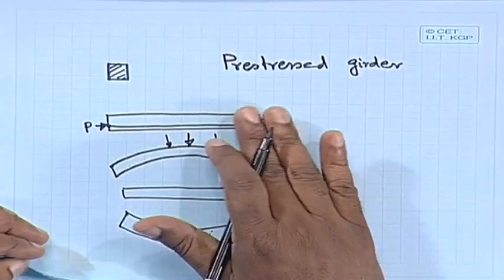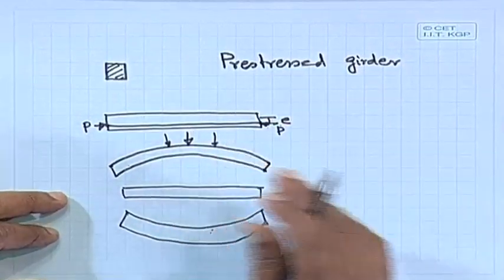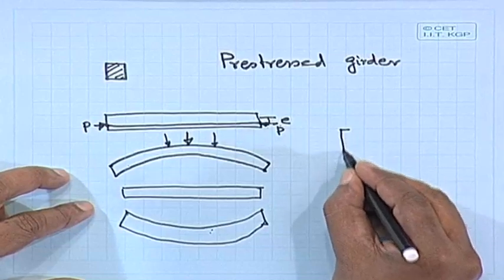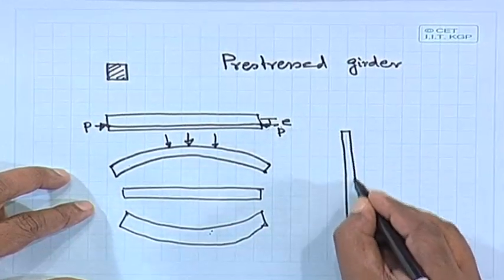Otherwise it will just bend the ring. So there also they are doing the pre-stressing. So this is what they are doing.